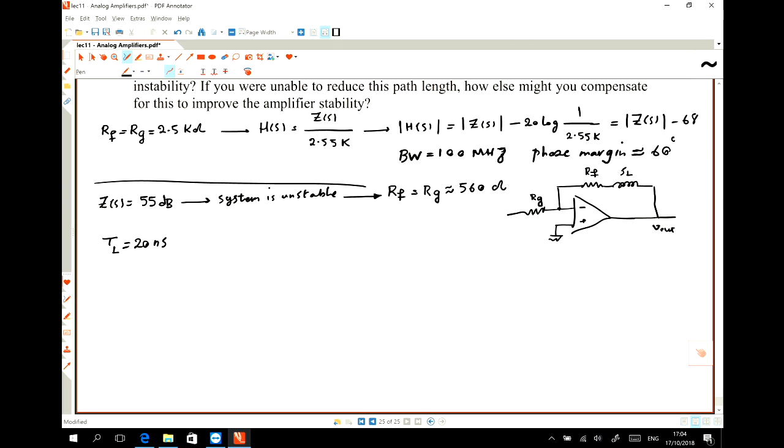So I want a pole exactly at 100 megahertz, and then TL is 20 nanosecond. And then it says that the L should equal, I think, 80 meter. So if the length of your track is 80 meter on the PCB board, then your system will be unstable. Okay? That will never happen.